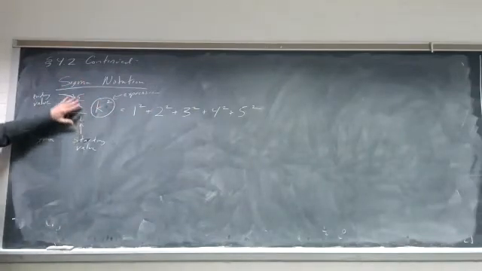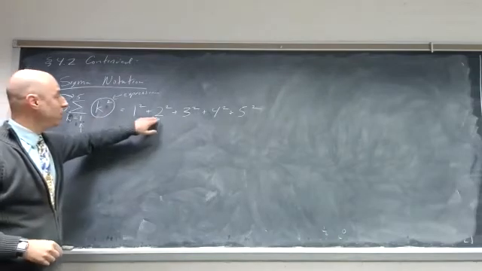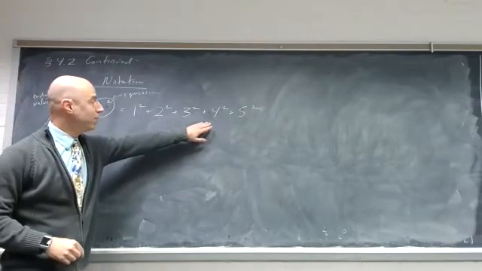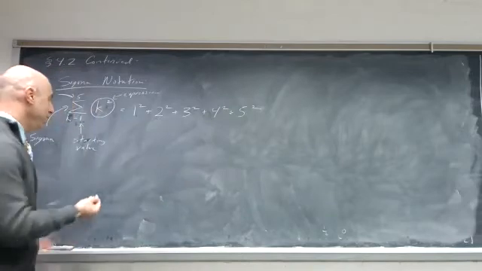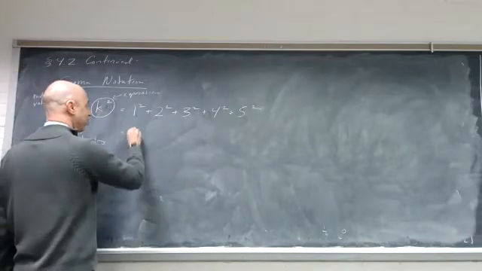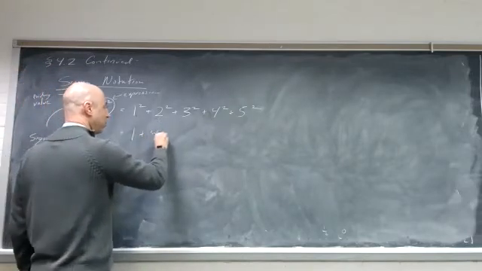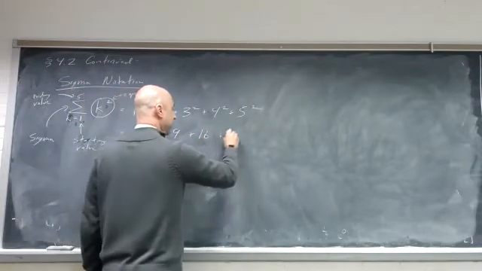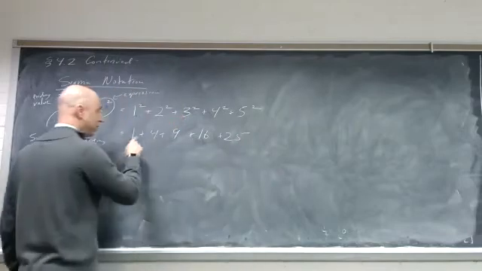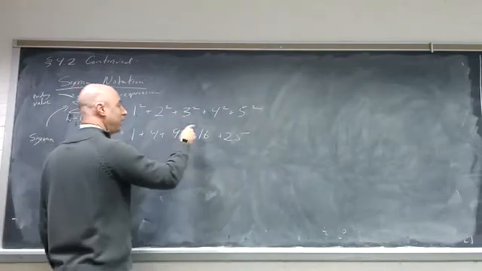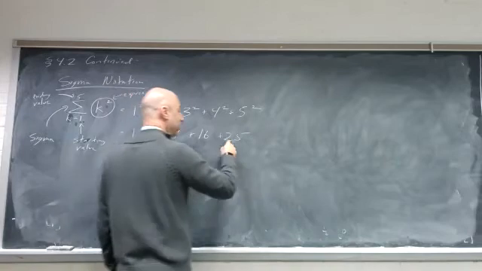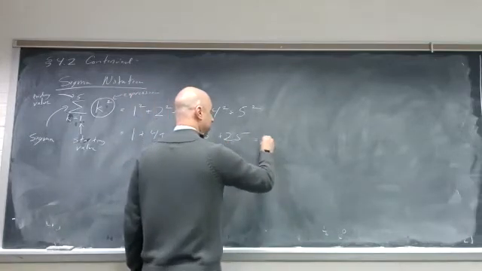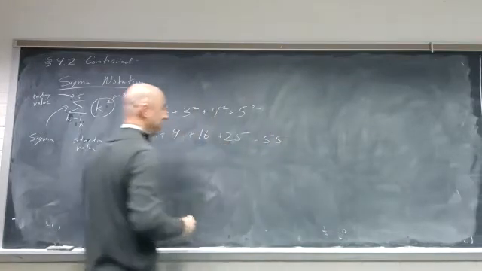So this is just shorthand notation for 1 squared plus 2 squared plus 3 squared plus 4 squared plus 5 squared. We could work that out. So this is 1, 2 squared is 4, 3 squared is 9, 4 squared is 16, 5 squared is 25. So 1 plus 4 is 5, plus 9 is 14, plus 16 is 30, plus 25 is 55, unless I made a mistake.